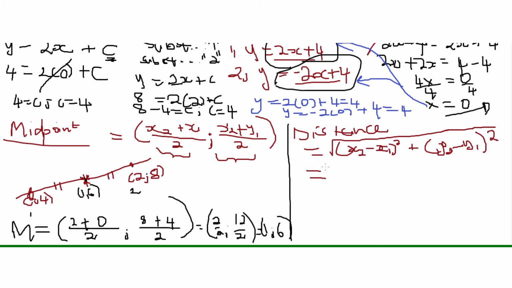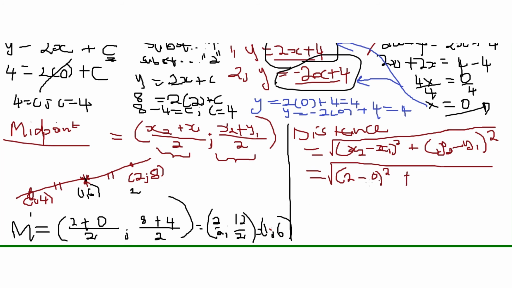Remember, a distance is a number. It has to just give us 1 value. Midpoint is a coordinate, that's why it gives us x and y. So with the distance, we're just going to substitute the same way using the very same points. x2 is 2 here. Then we open brackets, you're going to have 2 minus, this is the formula, it will forever be given to you, x1 is 0.